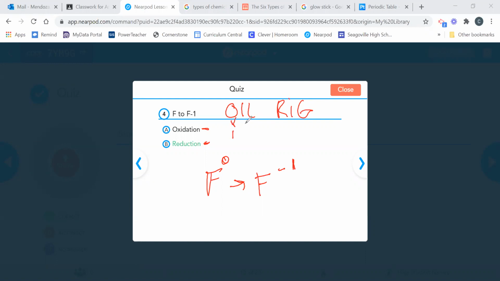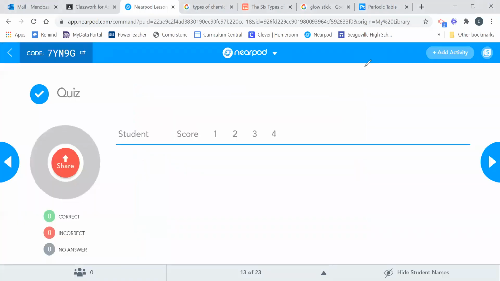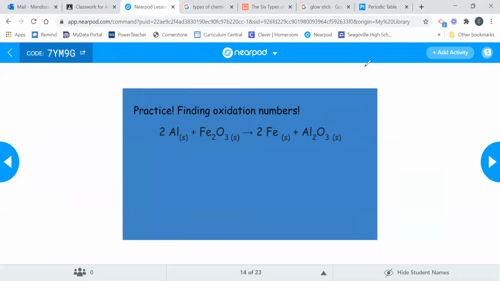Oil means oxidation is losing, reduction is gaining. And I know my handwriting is not very good. So 0 to -1, we're becoming more negative. So if we're becoming more negative, we're gaining electrons. So that is why the answer is reduction. So I just wanted you guys to know the difference between those two vocab words, just in case it ever comes up.